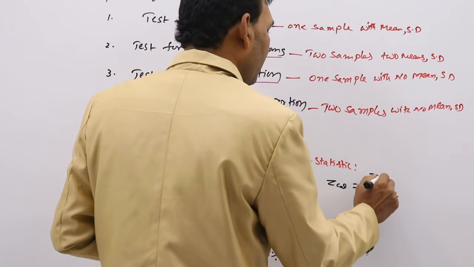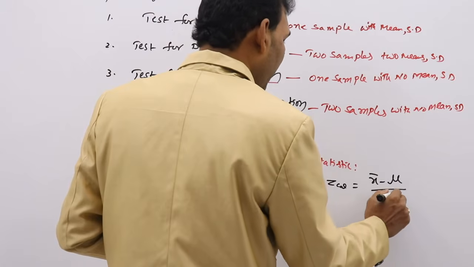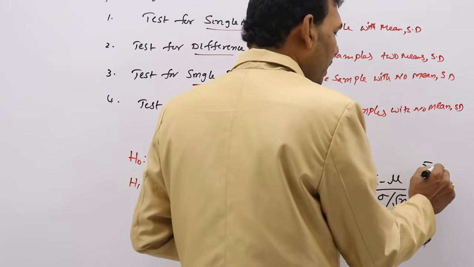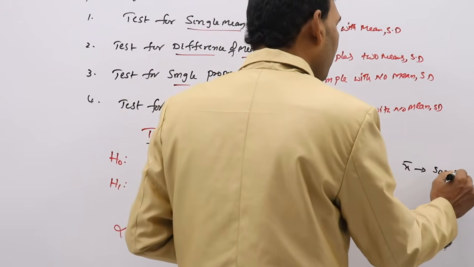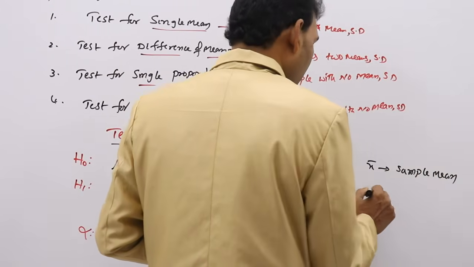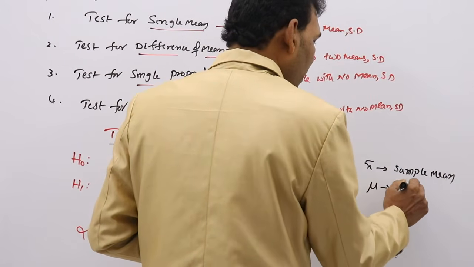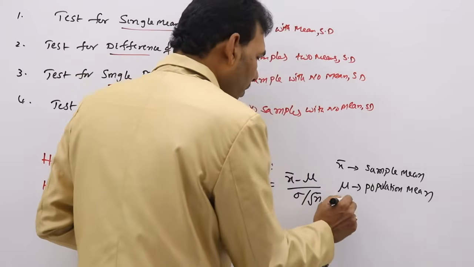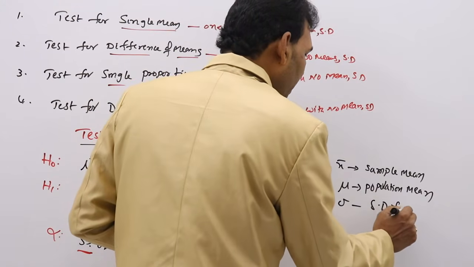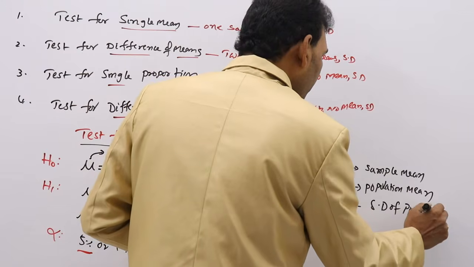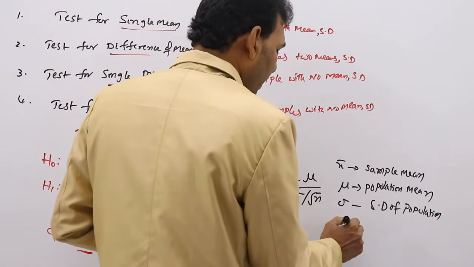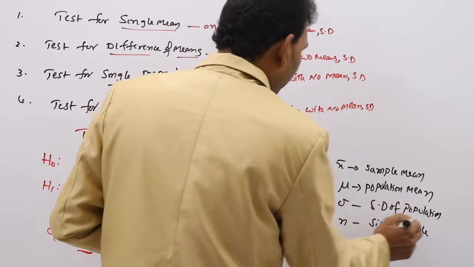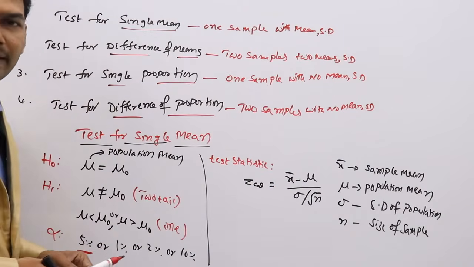We can find it using this formula: x bar minus mu divided by sigma by root n, where x bar is the sample mean, mu is the population mean, sigma is the SD of the population, and n is the size of the sample. So this data is required to find Z calculated.